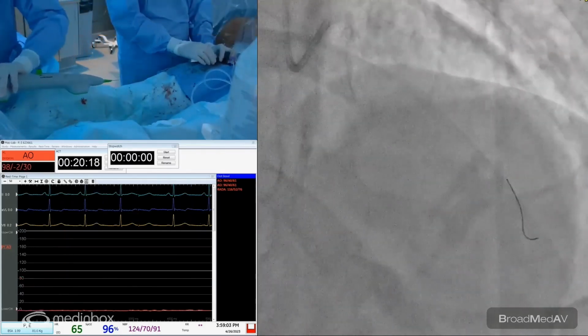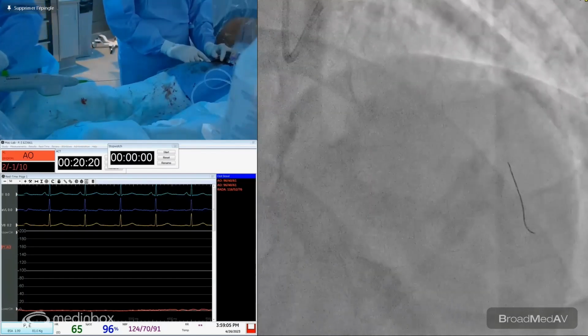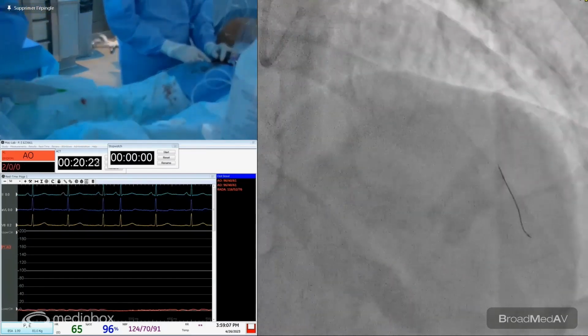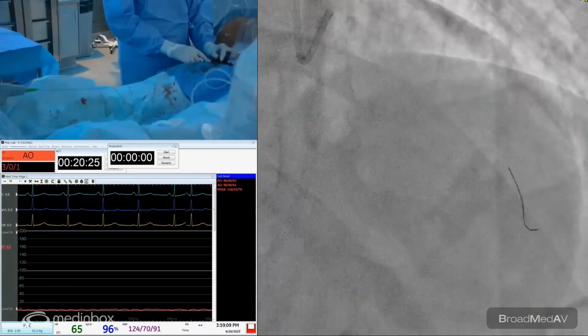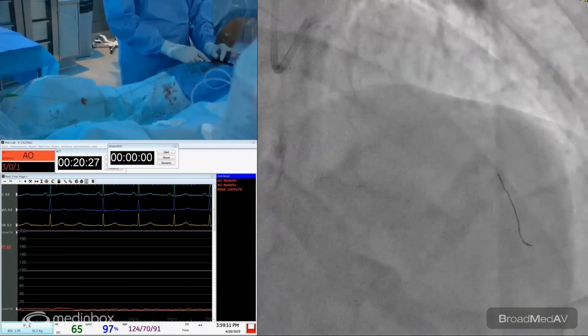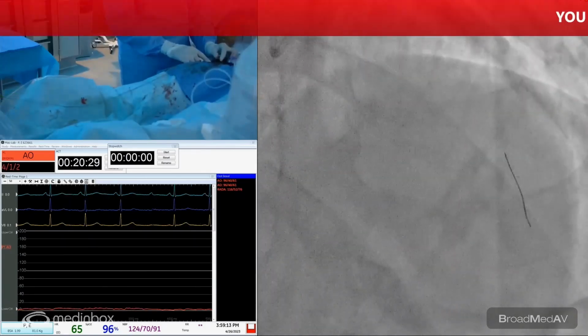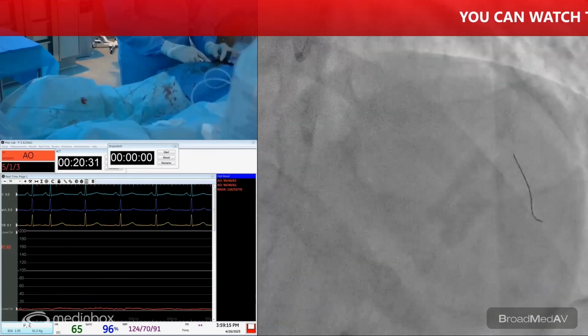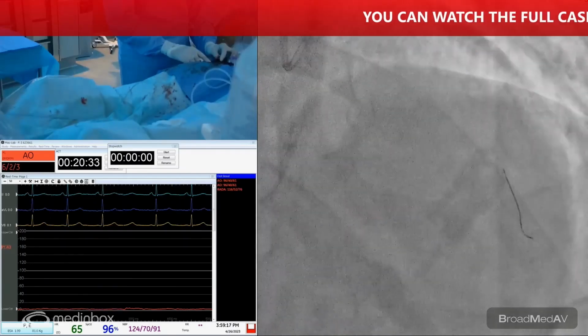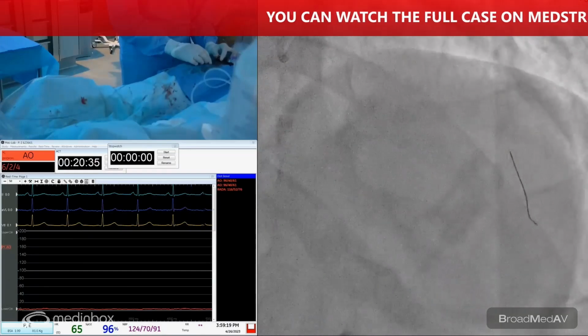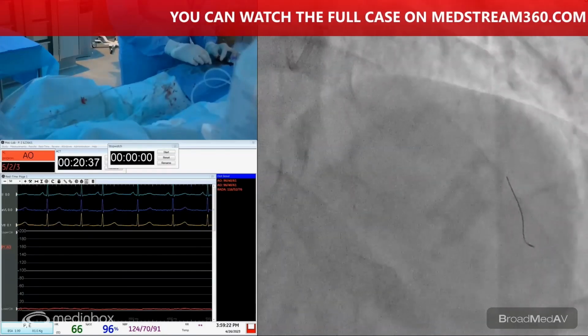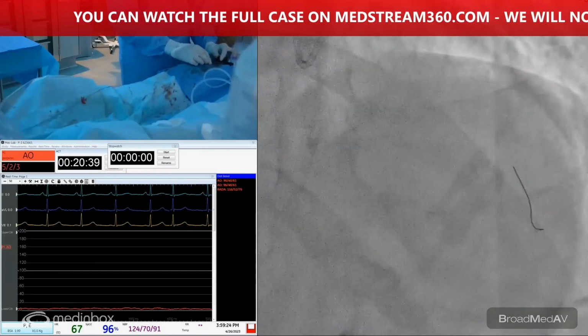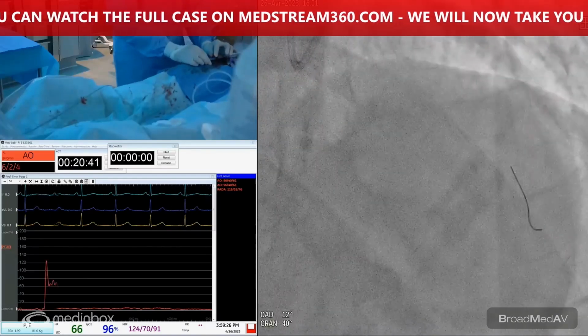Then out you go. After this, I will wire the circumflex, start ballooning. And probably my left main strategy here will be a mini crush or a TAP, depending on the angle that I see after pre-dilatation.